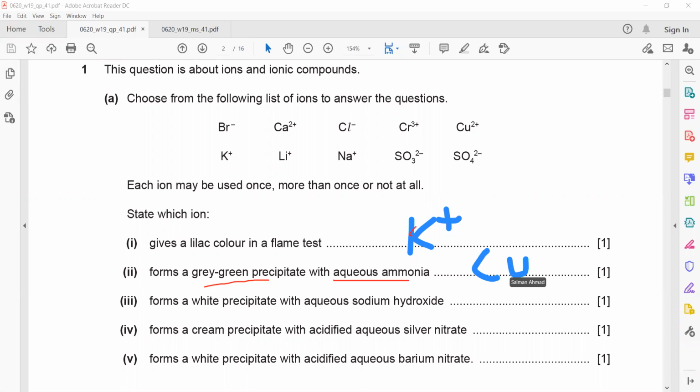Gray-green precipitate. Copper 2 is forming a blue precipitate, so it should be chromium.